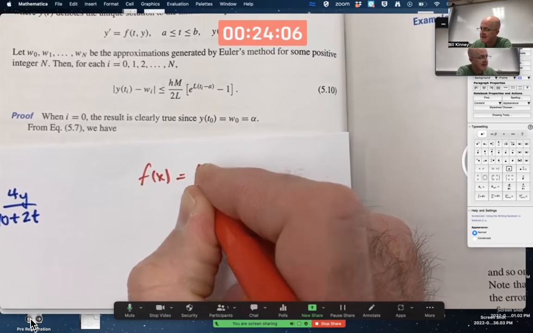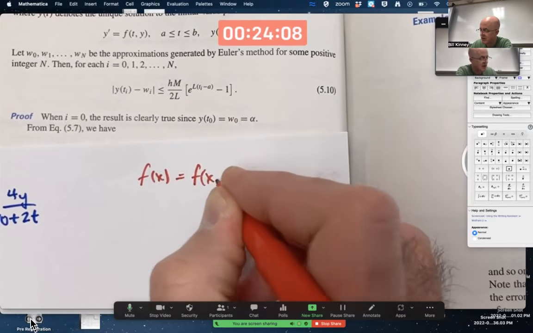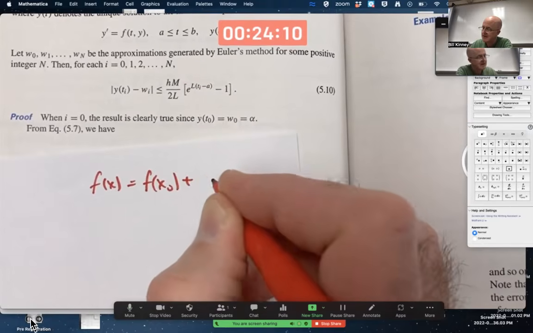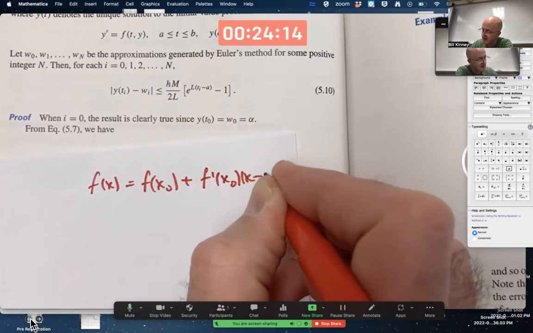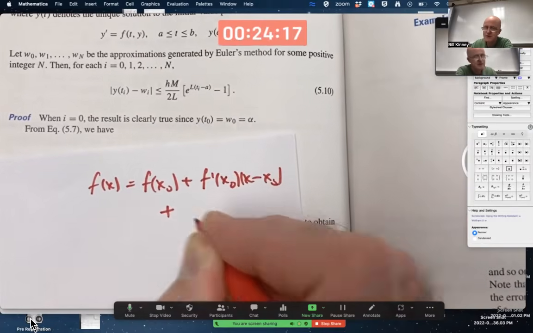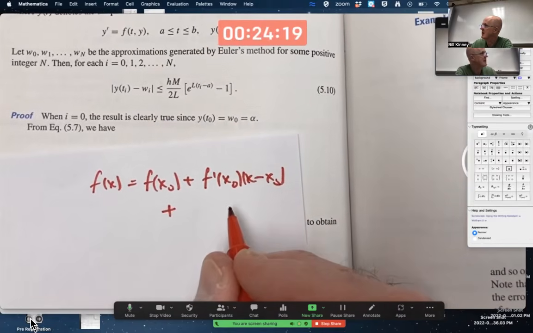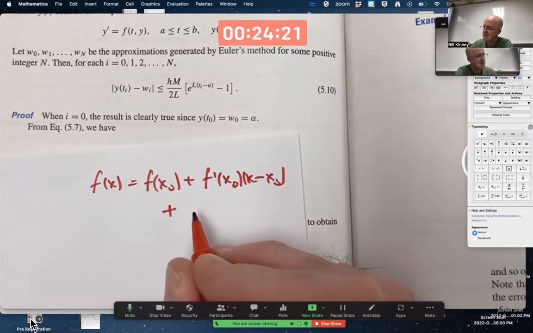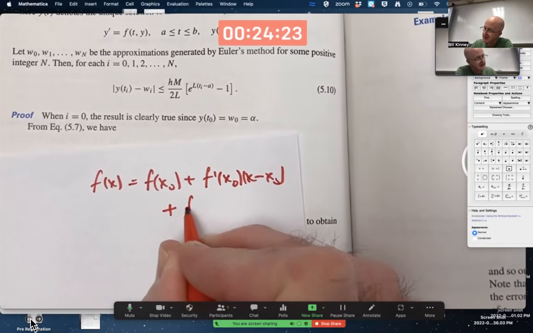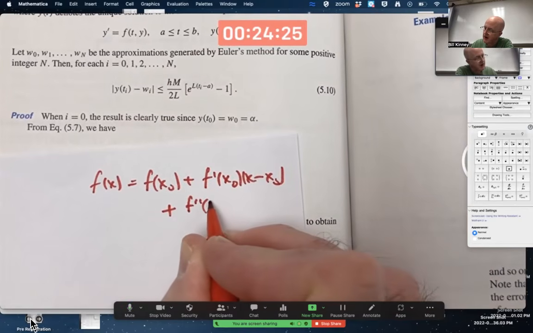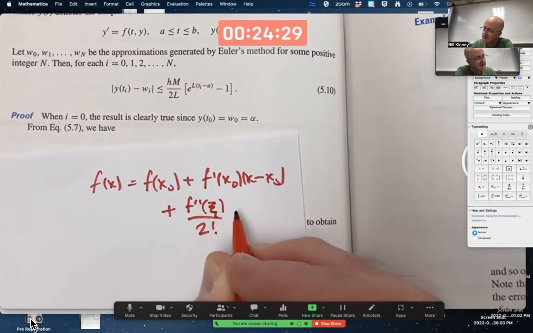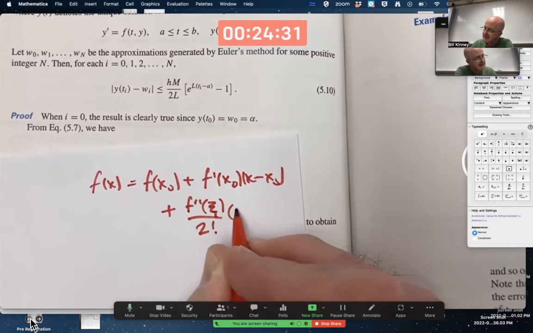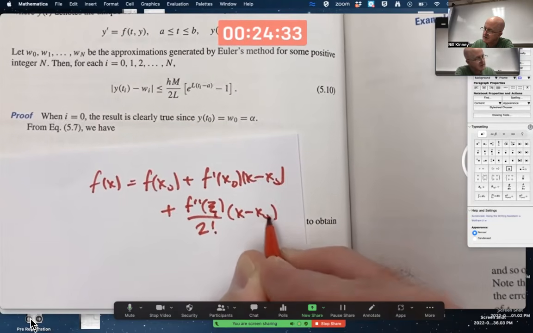You typically write it as, say, f of x_0 plus f prime of x_0 times (x minus x_0), plus, if we're after just using the linear approximation, the error term is a second degree term, f double prime at some unknown number c divided by 2 factorial times (x minus x_0) squared.